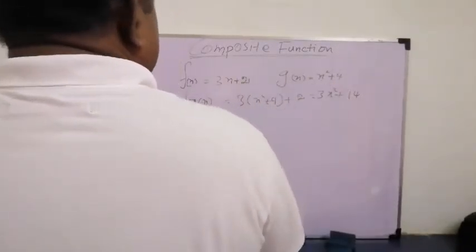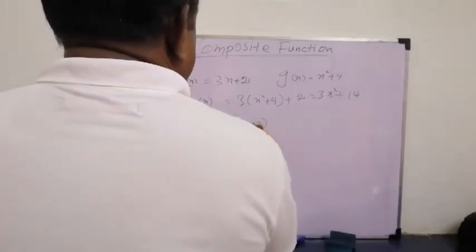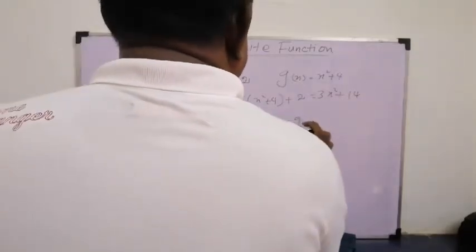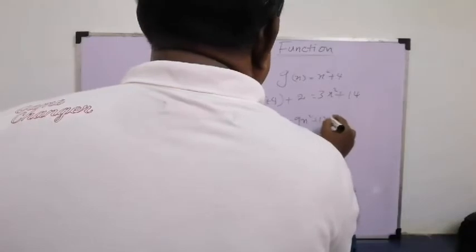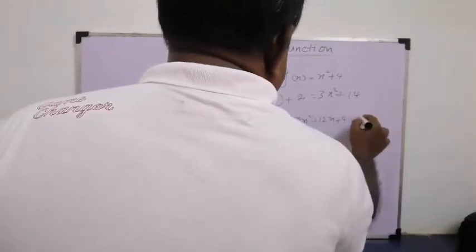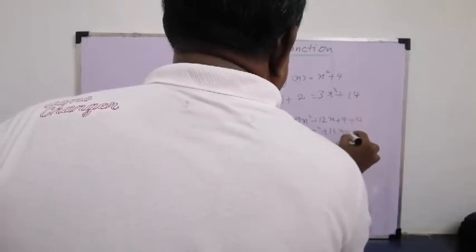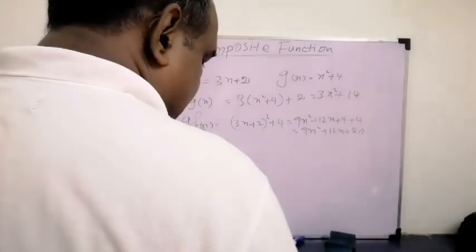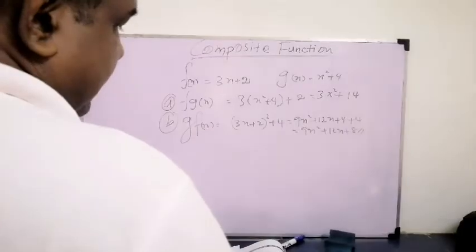So in (3x plus 2) squared plus 4, when you open this, 9x squared plus 3 into 2 is 6, 6 into 2 is 12x plus 4 plus 4. It's going to be 9x squared plus 12x plus 8.